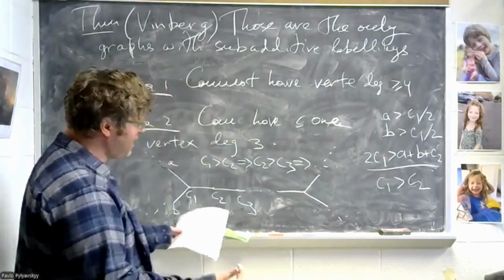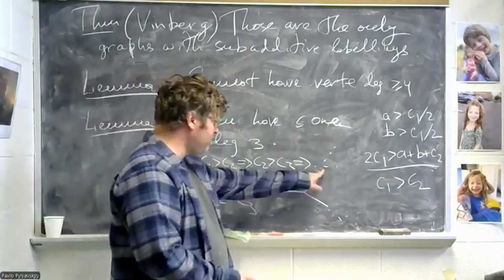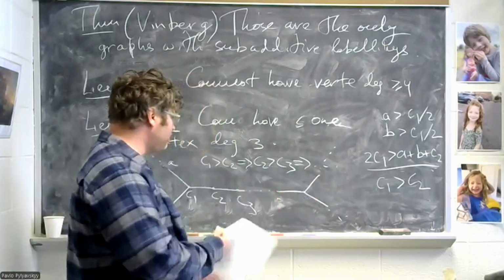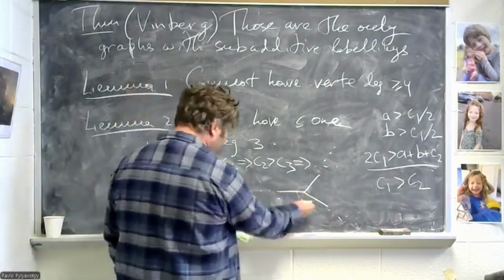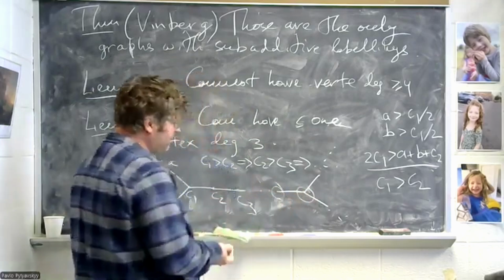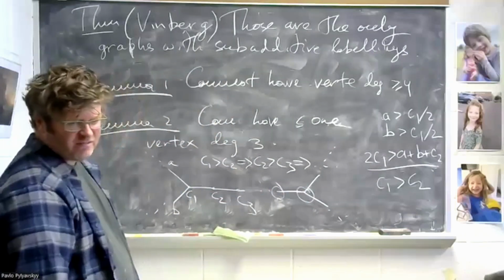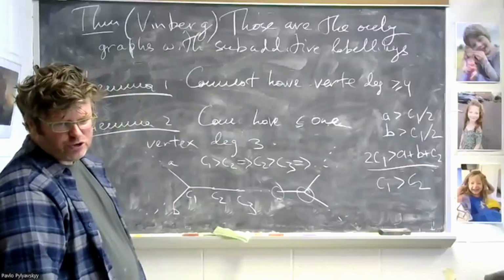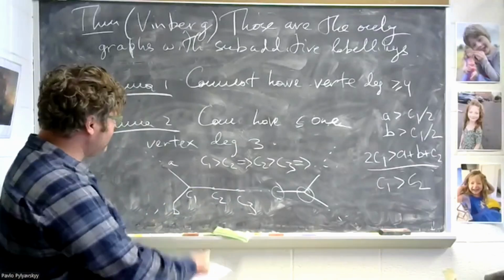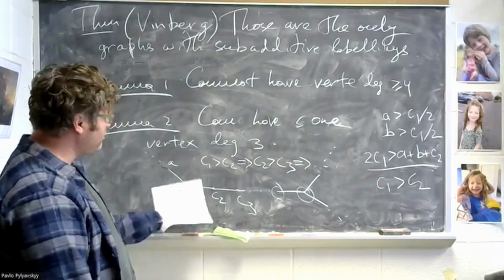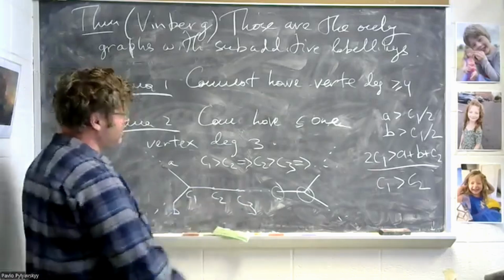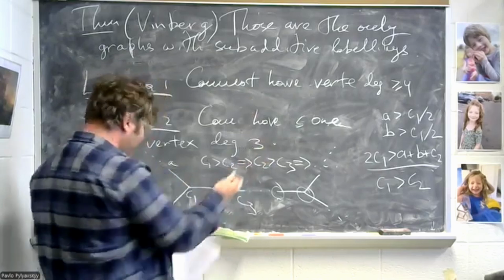But you could have done the same thing on the other side, and you would see that this guy has to be bigger than this guy, and that's a contradiction. That's how you get a contradiction from this picture, and therefore there is at most one vertex of degree 3.